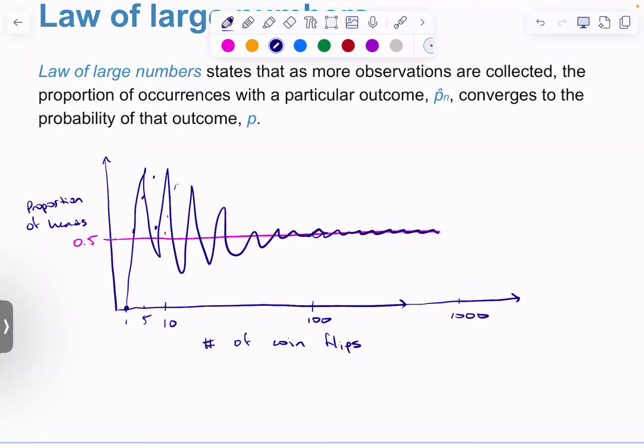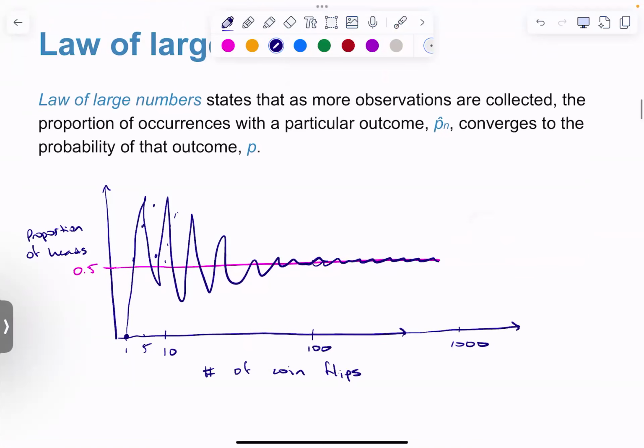In fact, it tends to even out as early as about 30 coin flips. Right after that, you're expecting on average just 50% heads, 50% tails, or the probability to be 0.5.